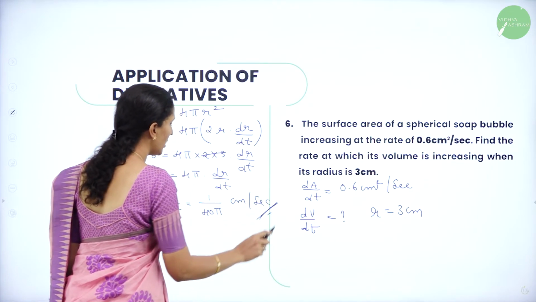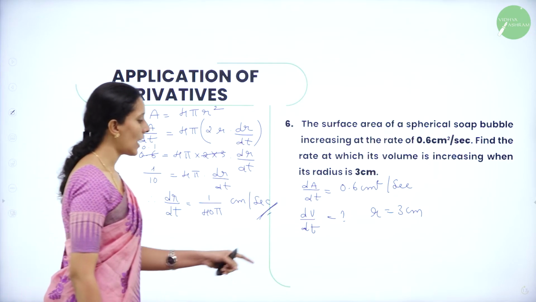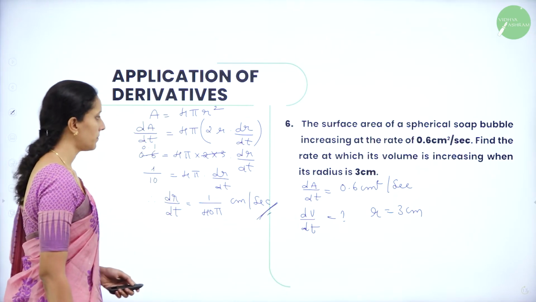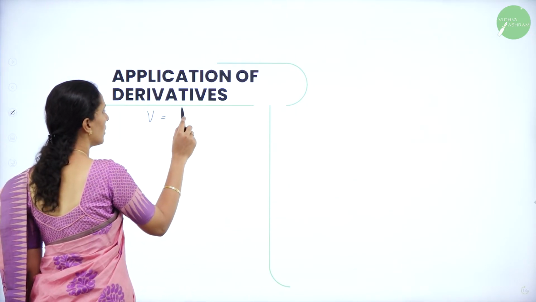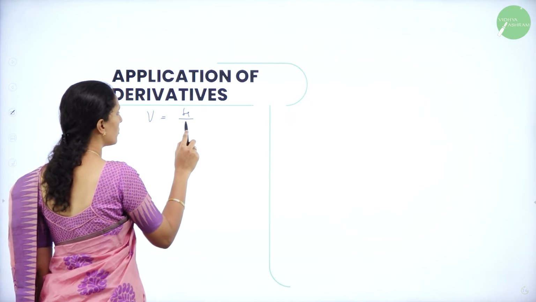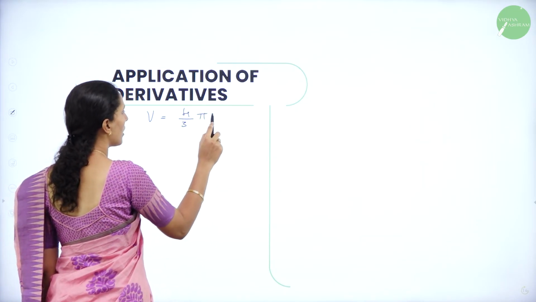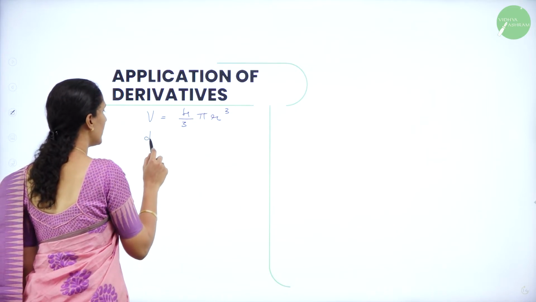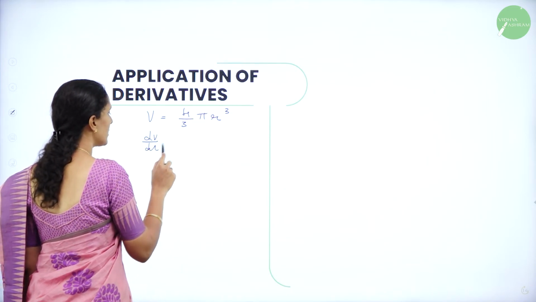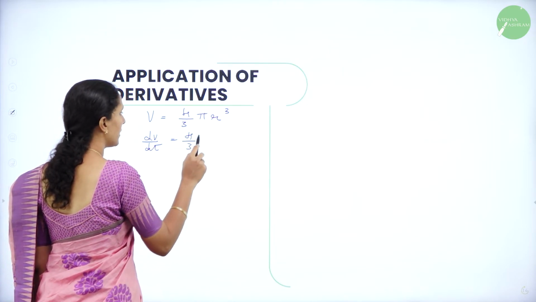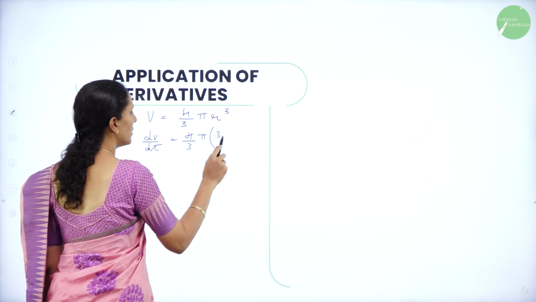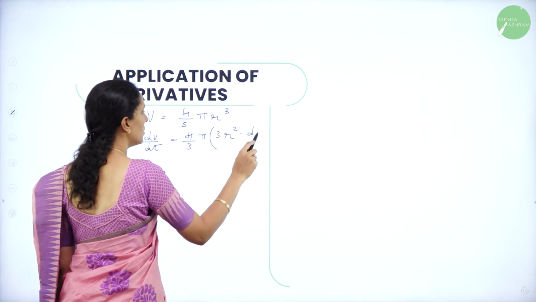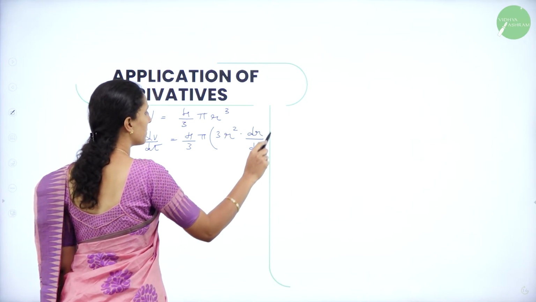So this is the change in radius. Let us calculate the change in volume now. Volume of a sphere is 4 by 3 pi r cube. Now change in volume, dV by dt, is equal to 4 by 3 pi into 3r square into dr by dt.